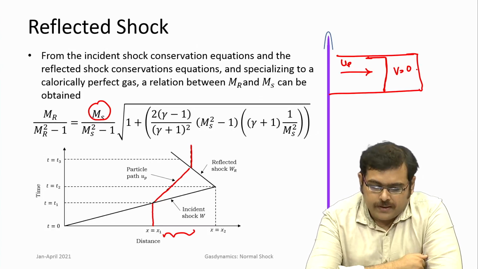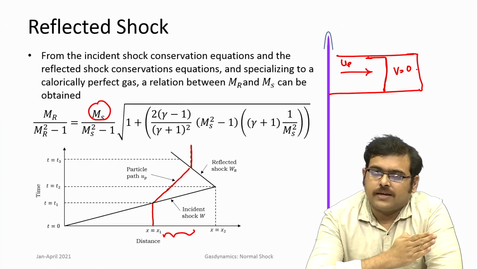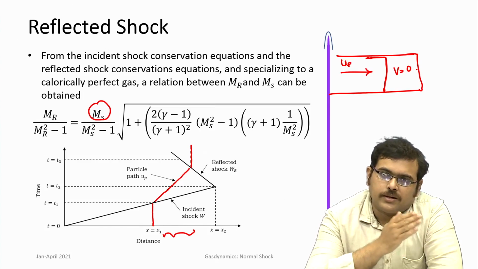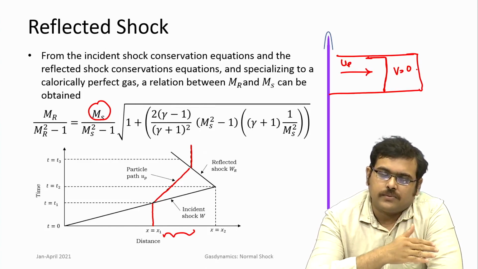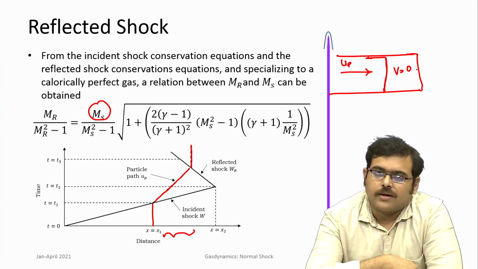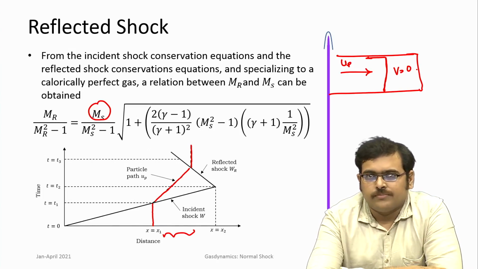Then these moving shock waves can go and reflect from end walls, and the correct boundary condition there is that the flow after the reflected shock passes over is 0, because flow cannot penetrate inside the wall.